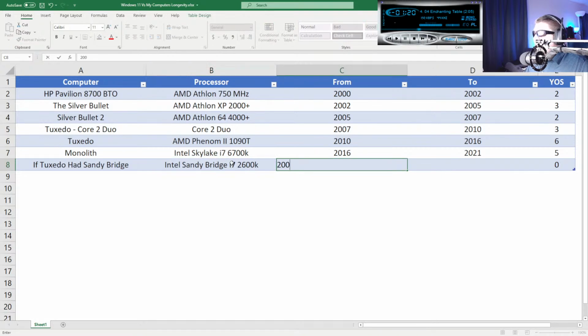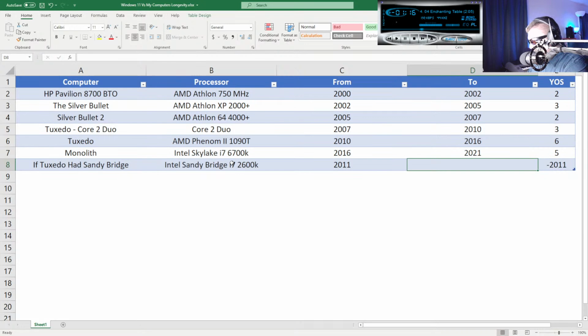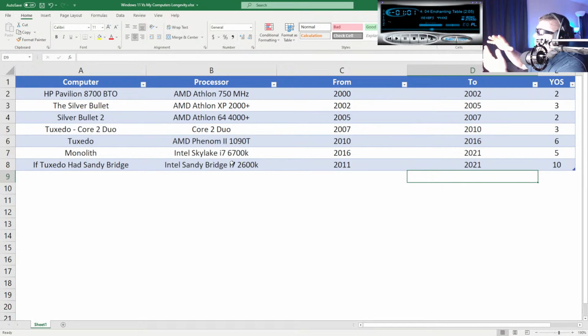That would have been from 2011 to 2021. That would have been my longest lasting system ever if I had built something new this year. And Sandy Bridge ramps way down in terms of power when it's not going crazy, unlike the AMDs of the time. So this would have been awesome.